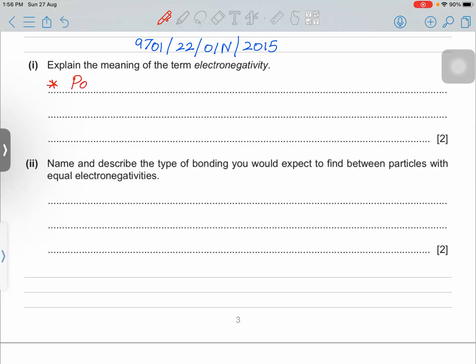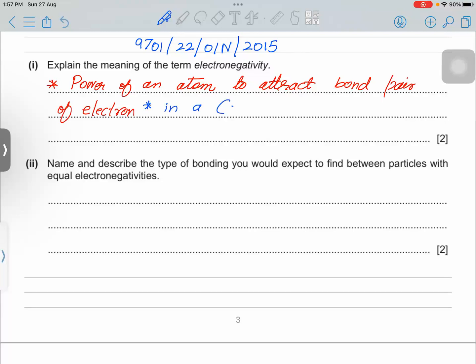So, electronegativity for 2 marks: the power of an atom to attract the bond pair of electrons. This is for 1 mark, and for the 2nd mark, in a covalent bond.